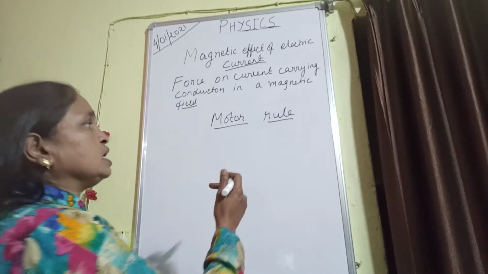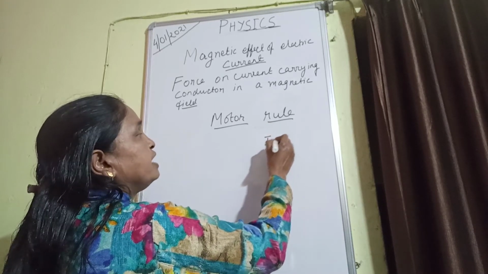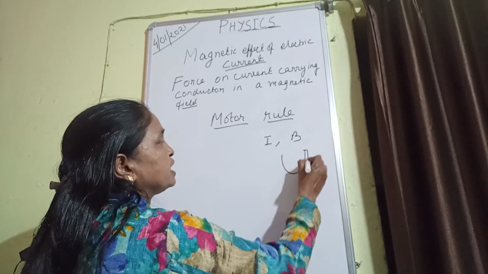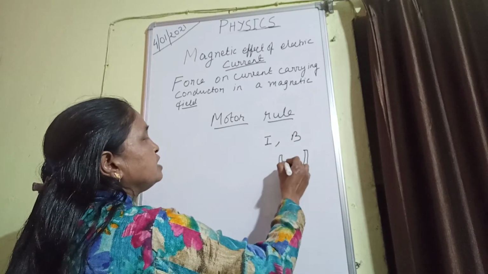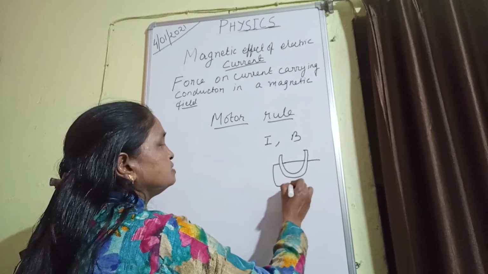So you have seen we have given a current I and magnetic field. Just now I have shown you we have taken a magnetic field and we have given a current to this conductor.